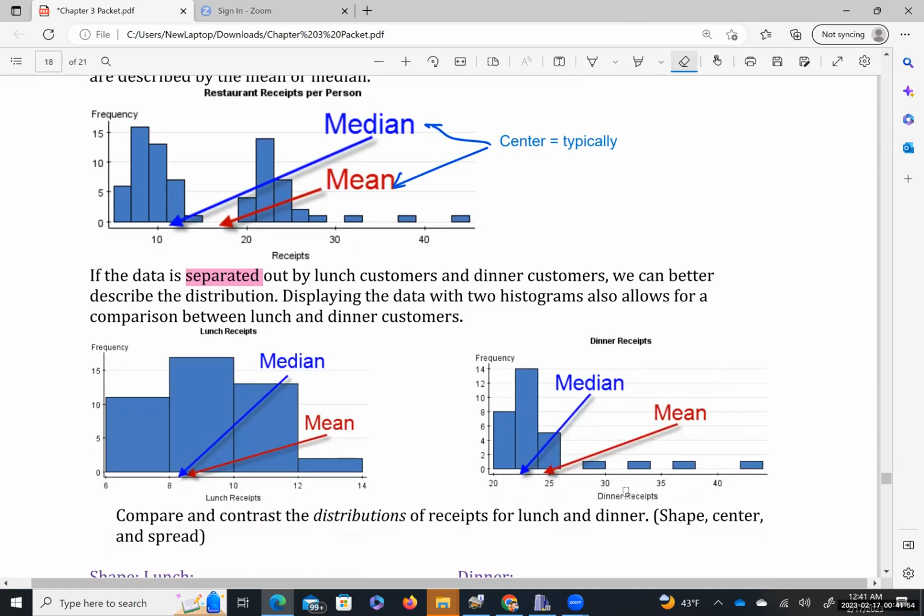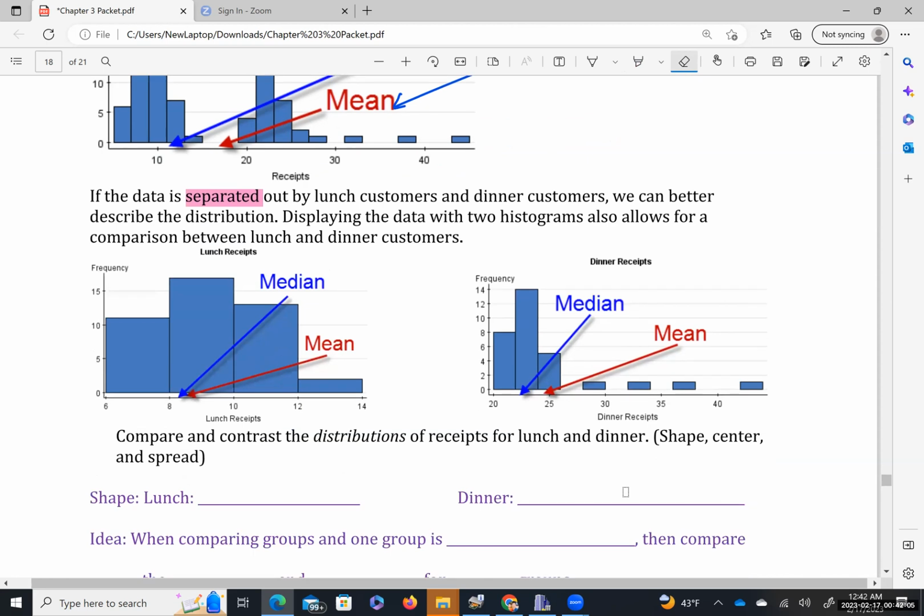If I separate out the lunch and the dinner, I have two graphs. The first one is for lunch and the second one is for dinner, and we can compare and contrast the distribution of receipts for lunch and dinner, such as the shape, the center, and the spread.